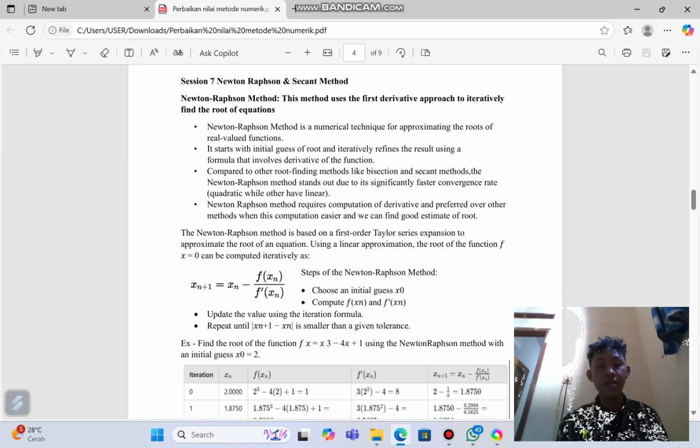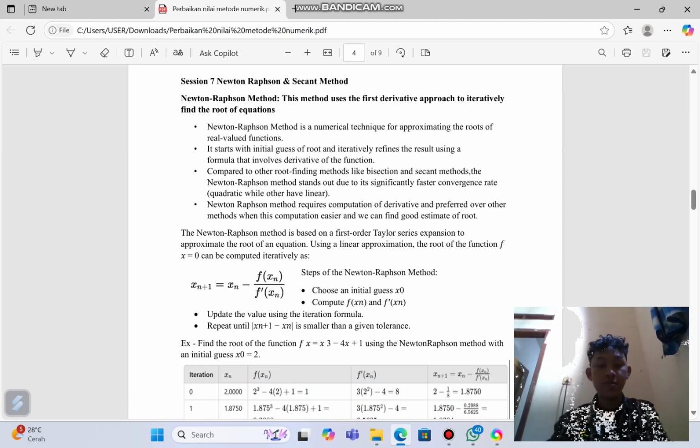It starts with an initial guess of the root and iteratively refines the result using a formula that involves the derivative of the function.